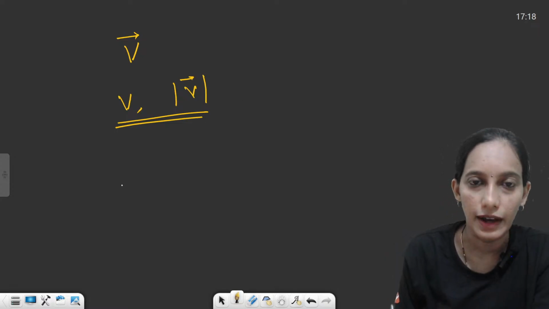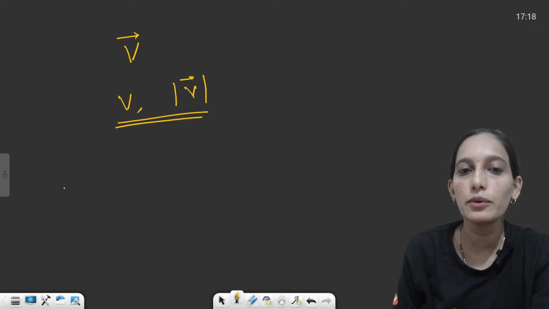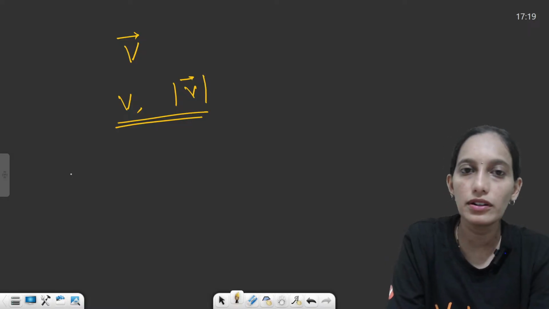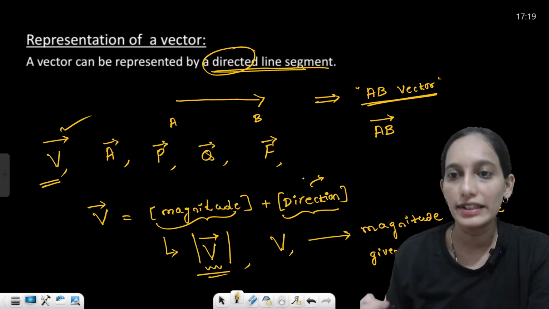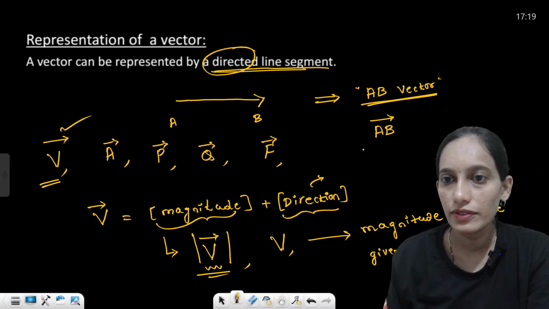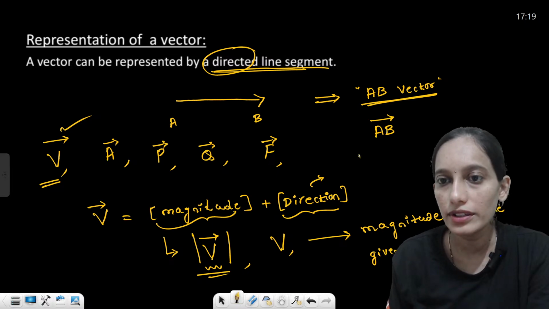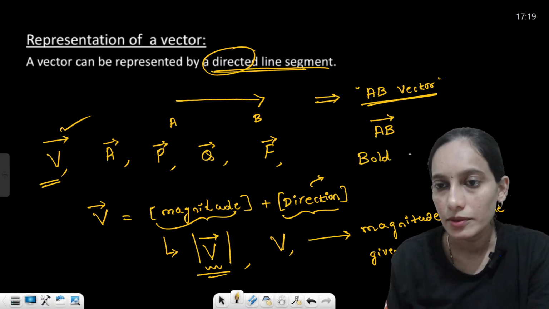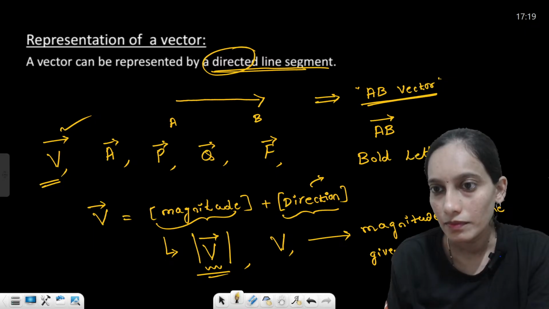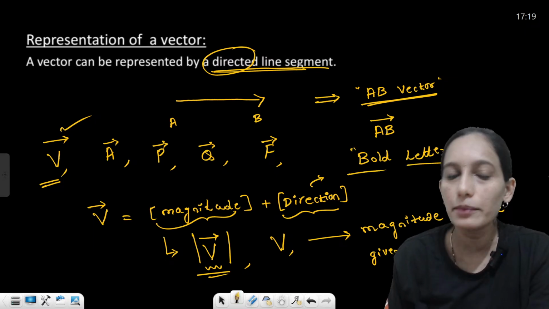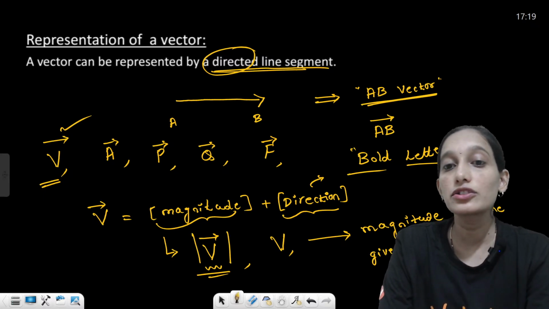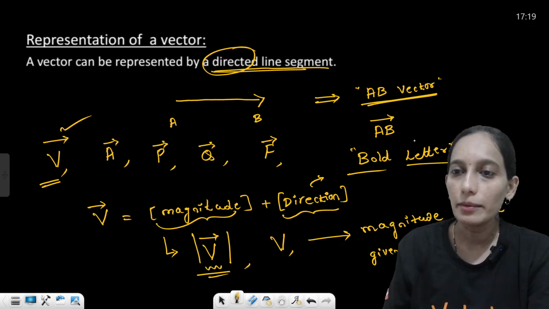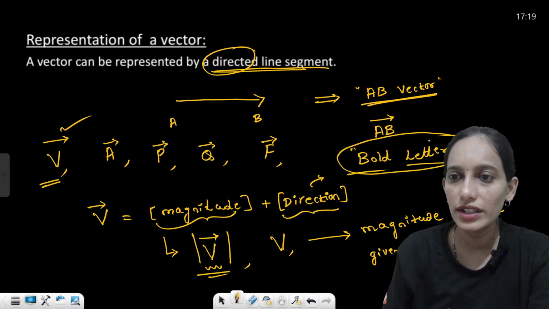Okay, and then there is one more method of representing the vector, that is the bold letters. So if we are having a bold letter, if you observe your NCERT book, all vectors are given in bold letters.